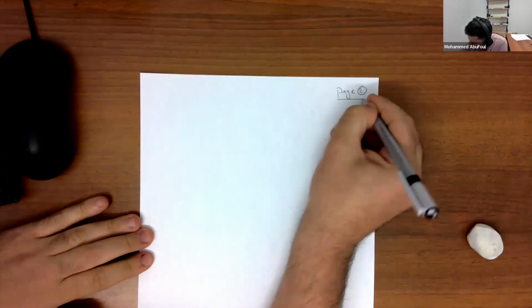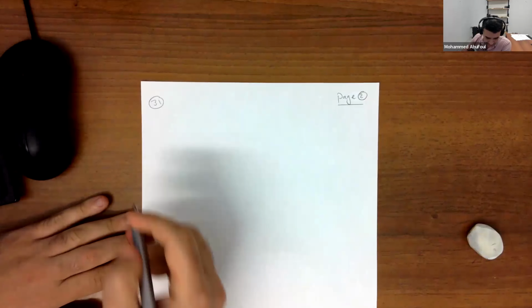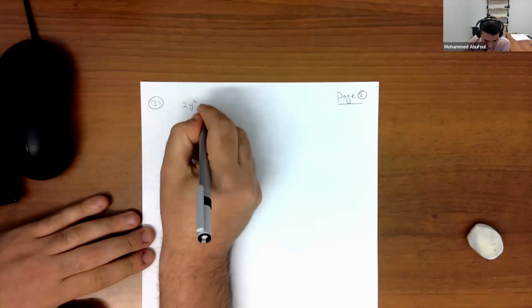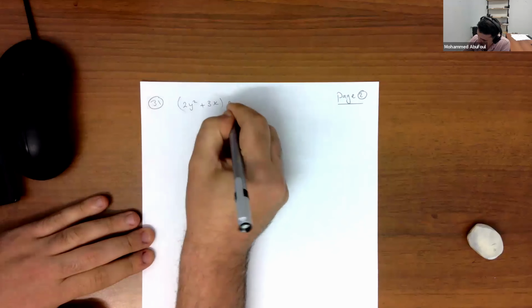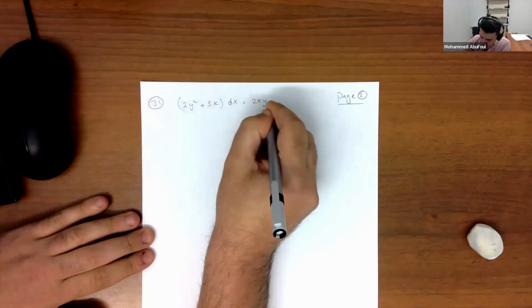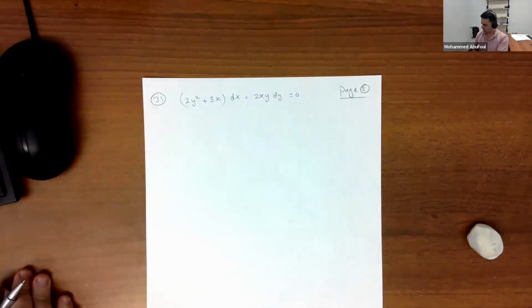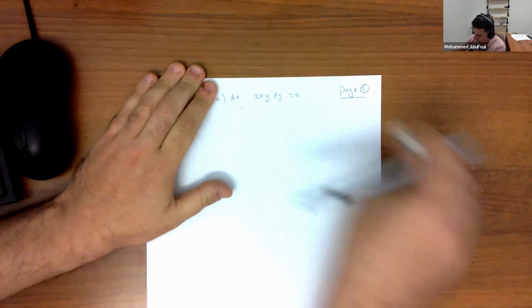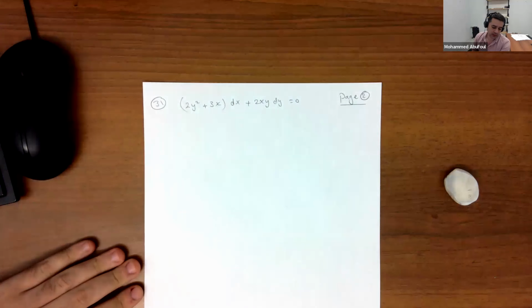Page number 2, question number 31. Question number 31 says: (2y squared + 3x) dx + 2xy dy = 0.